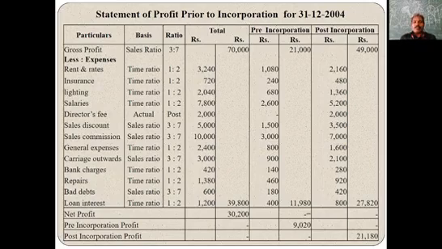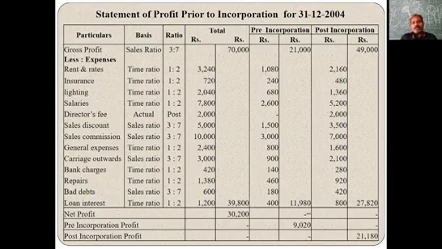Then sales discount, sales ratio 3:7, 5,000, 1,500, 3,500. Sales commission, sales ratio, 10,000, so 3,000, 7,000. General expenses based on time ratio 2,400, 800, 1,600. Carriage outwards, it's also allocated on the basis of sales ratio. So 3,900, 2,100.